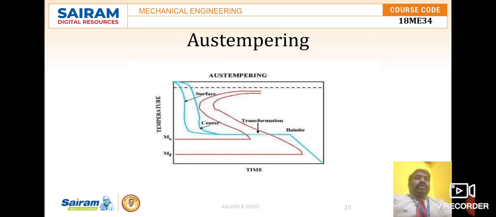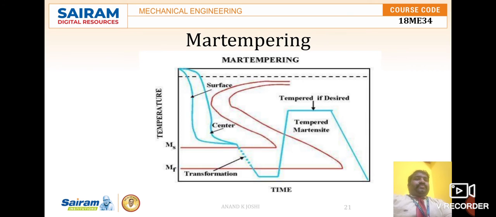And next we'll discuss Martempering. Martempering, or what we call martquenching, is a hardening treatment which permits the transformation of austenite to martensite to take place at the same time throughout the structure of the steel, giving a component with minimum distortion and residual stresses. Martempering involves heating the steel specimen to its austenitic state, then quenching in a salt bath maintained at a temperature above the Ms temperature, that is here, about 200 to 300 degrees centigrade.